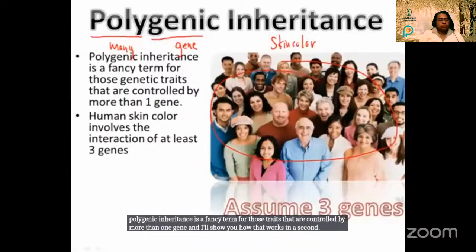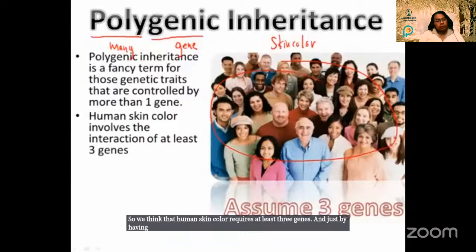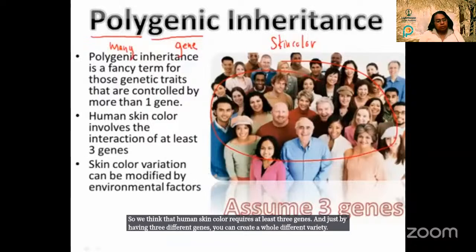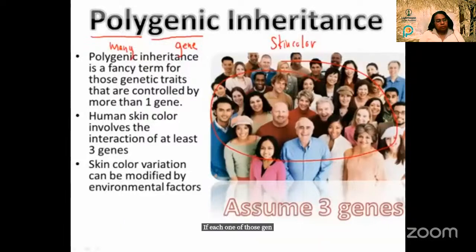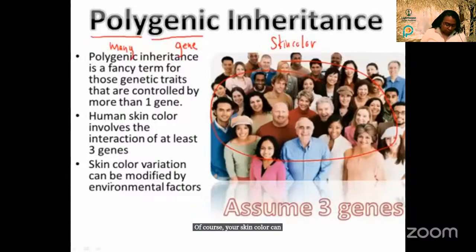So we think that human skin color requires at least 3 genes, and just by having 3 different genes, you can create a whole different variety. If each one of those genes has 2 different forms, you can get a whole bunch of different combinations to produce all the different shades from very light to very dark. I won't pick out who's very light, who's very dark. Of course, your skin color can also be modified by environmental factors.